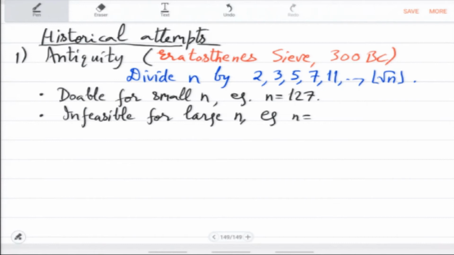Example, what if n is 2 raised to 127 minus 1, 127 bits. Okay, so now the number is so large that its square root is something like 2 raised to 64 or 63, and 2 raised to 63 steps is a lot of steps. Okay, this becomes actually impossible in practice.